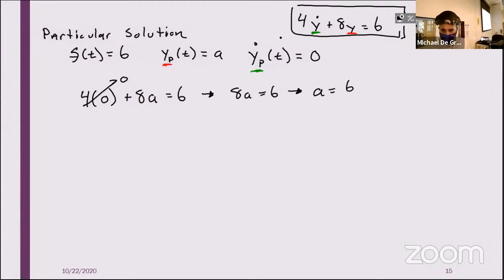A is equal to 6 divided by 8, or 3/4. 6/8 is fun, 3/4 is good too. Some of you who have a proclivity for decimals might want to call it that. That's fine too.